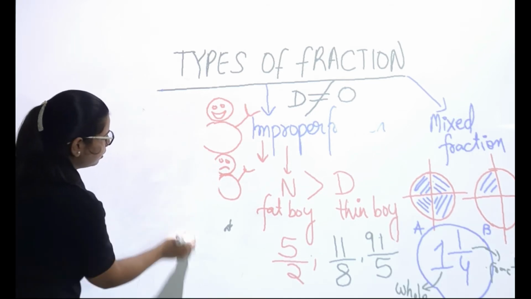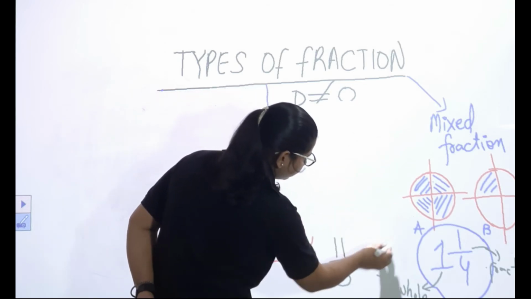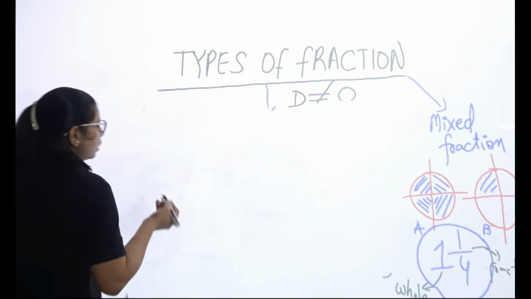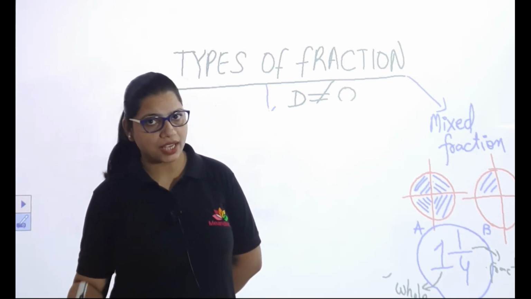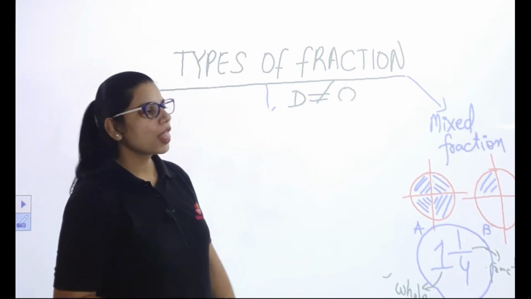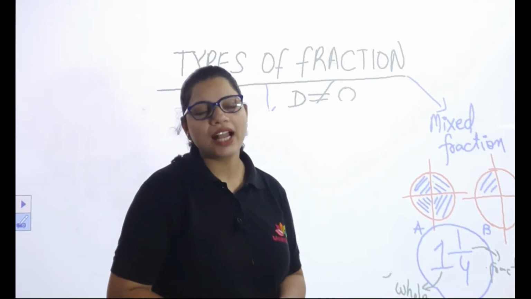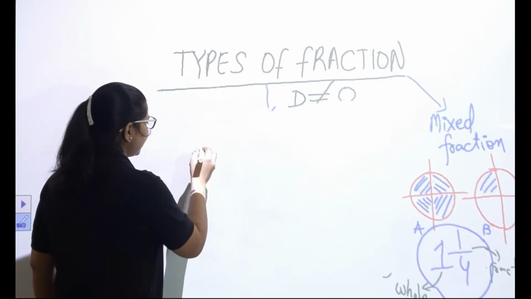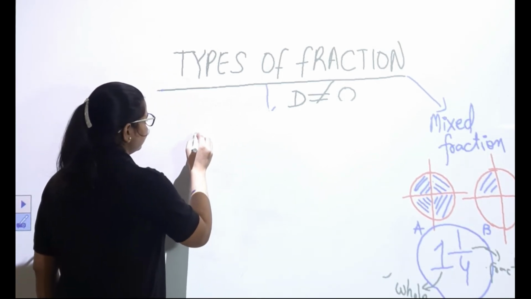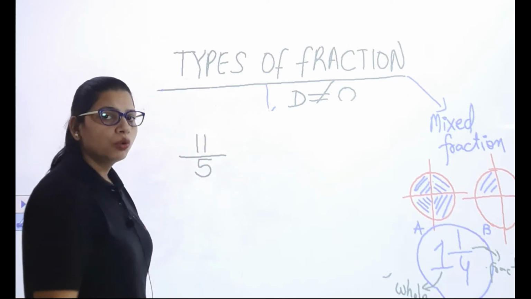So let's discuss mixed fraction a little more. Mixed fractions are the fractions with the whole and fraction together, written together or in the picture together. Then we call it a mixed fraction. So let's say, for example, if I ask you 11/5, what is this?